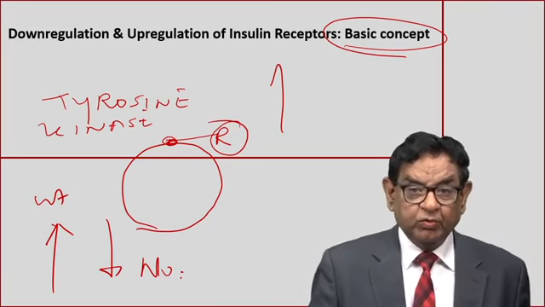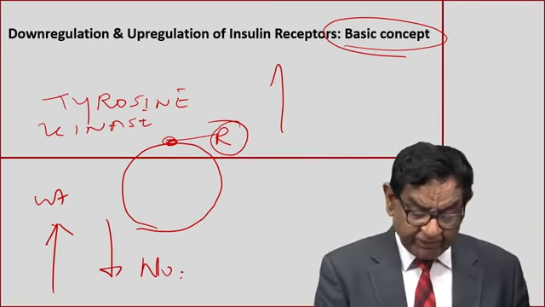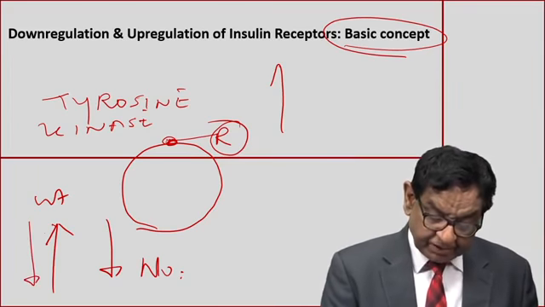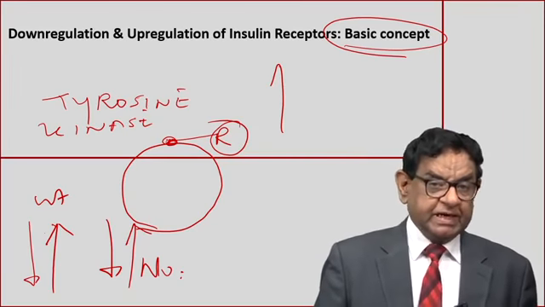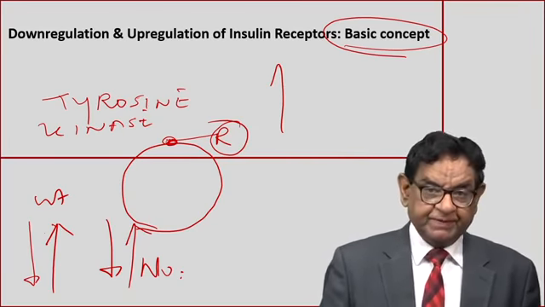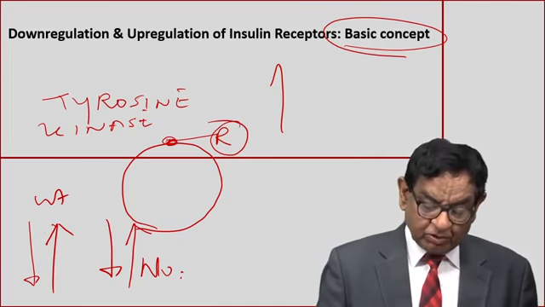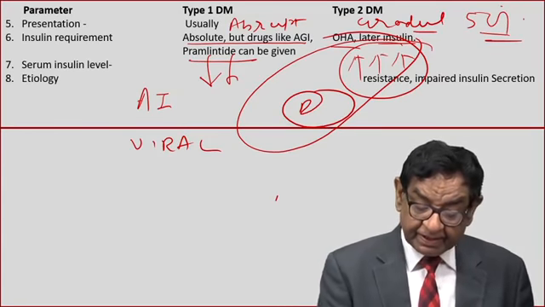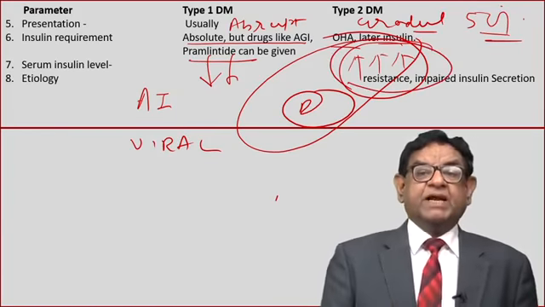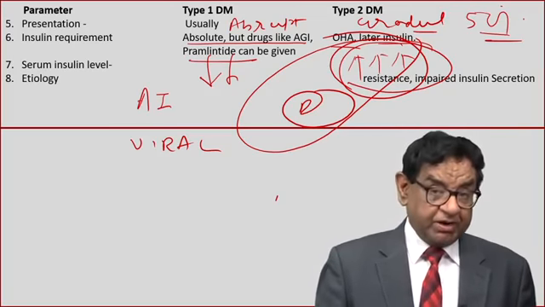Okay. So now if the patient loses body weight, the number of receptors go up. This is known as up regulation of receptor. Well, just now we learned that in type 2 diabetes, insulin level is very high, but still he is hyperglycemic because the number of receptors is reduced, so-called down regulation of receptor.